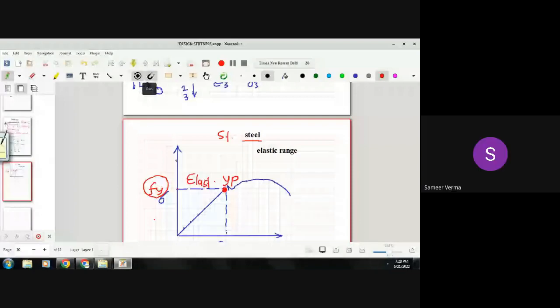No, sir. So how do we design then? What is the value we take in designing? 0.87 Fy. Yes. So what is 0.87?